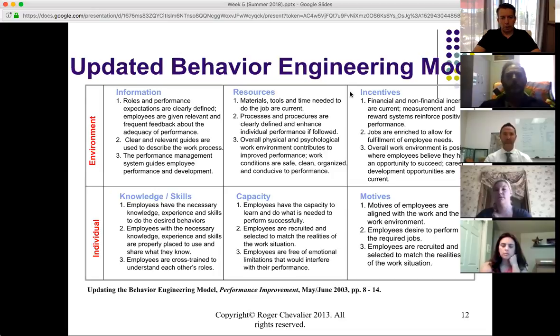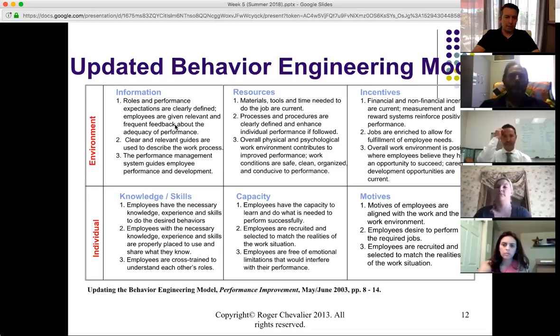On the horizontal, we have environment and individual, and really that is the performer. You can think of the individual as the performer. So whoever's doing the performance that you found the gap in, that's that individual. And then environment is just that. It's everything external to that performer. And then it should make sense here what those boxes are.